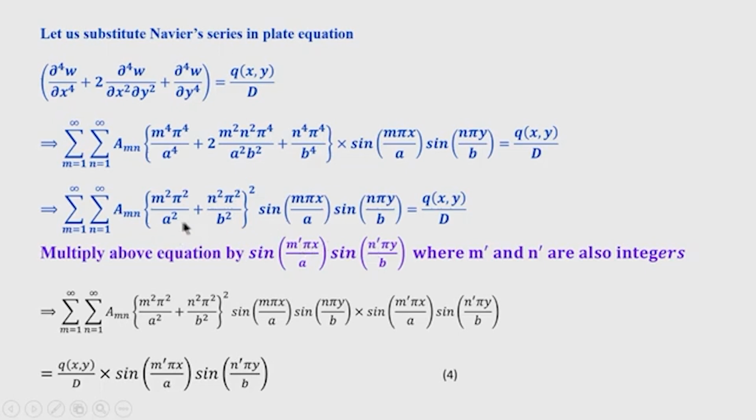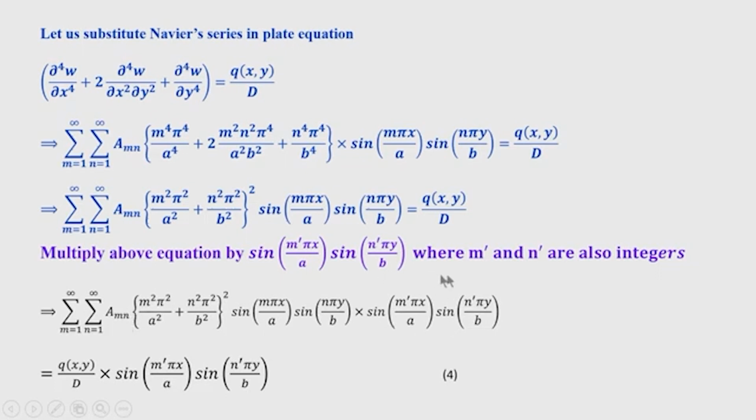So, if I multiply both sides by this function, the left hand side, which was a m n into m square pi square by a square plus n square pi square by b square, times sin m pi x by a sin n pi y by b, is multiplied by sin m dash pi x by a sin n dash pi y by b.